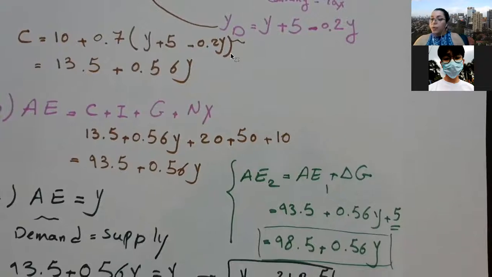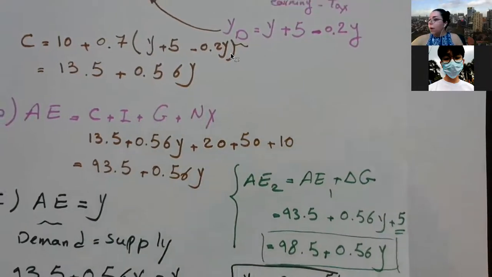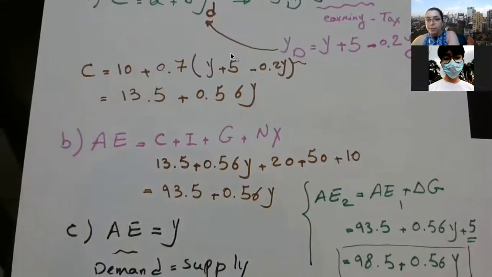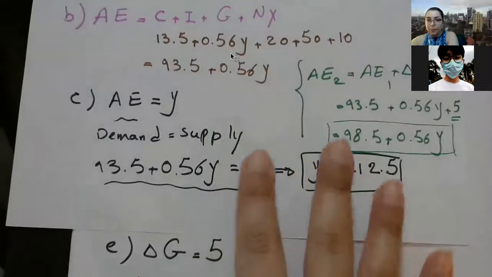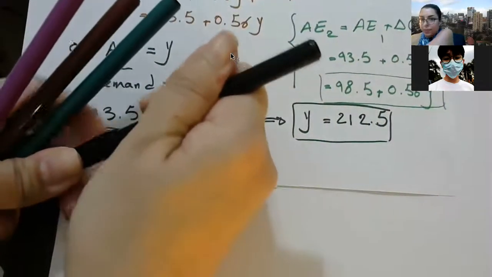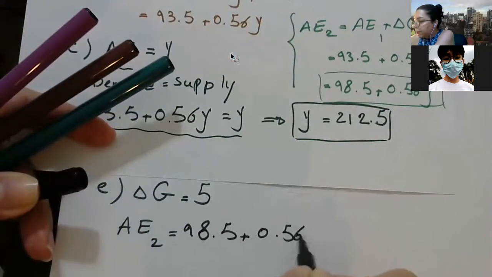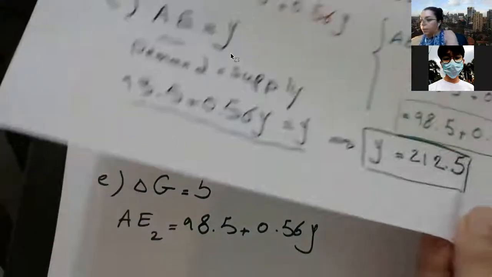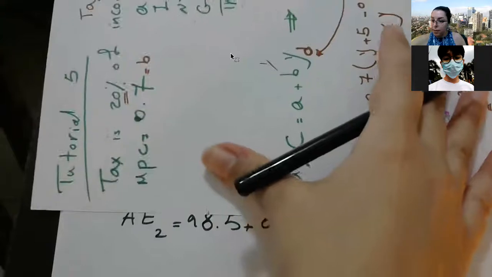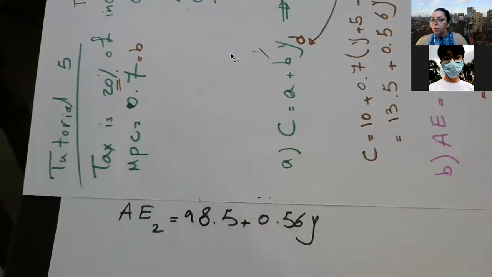Now, how much is the equilibrium GDP or income with the new aggregate expenditure function, 98.5 plus 0.56y? We have 2 ways to calculate GDP.